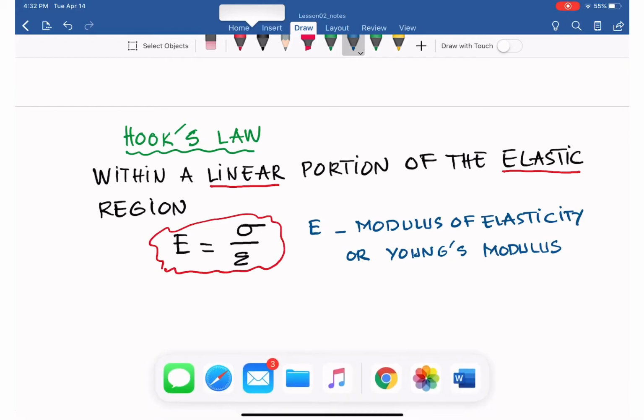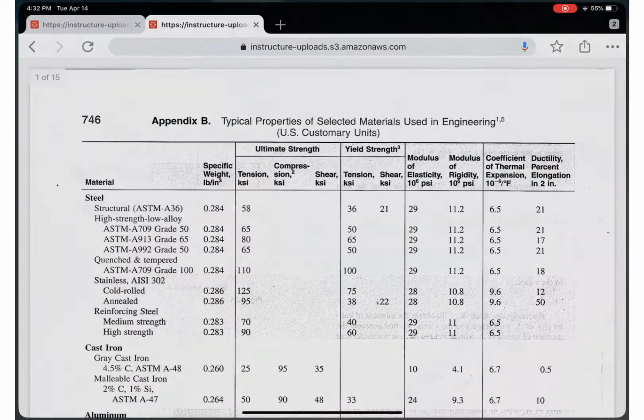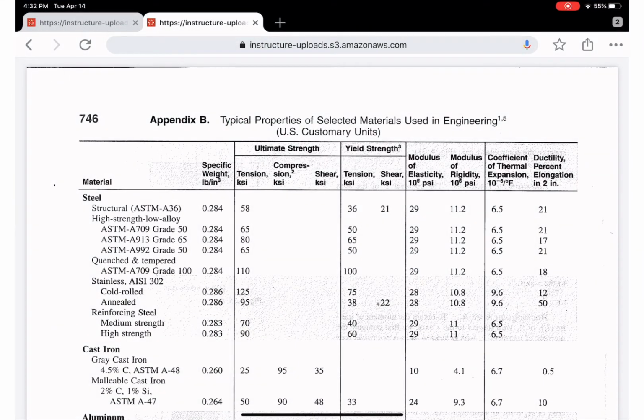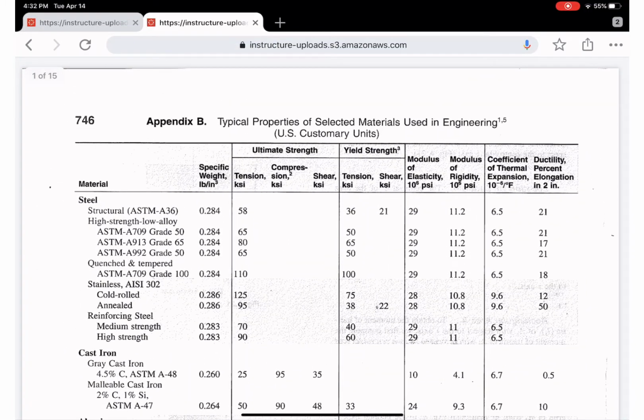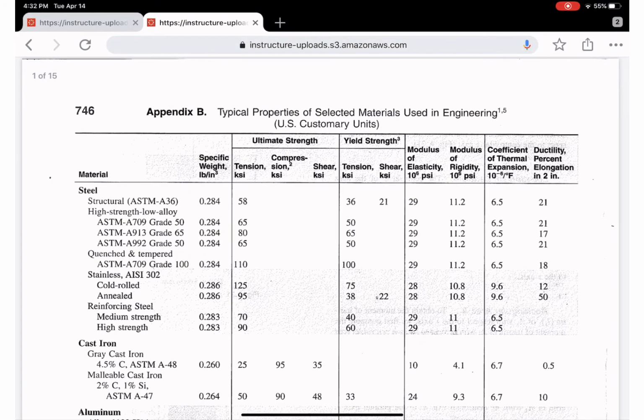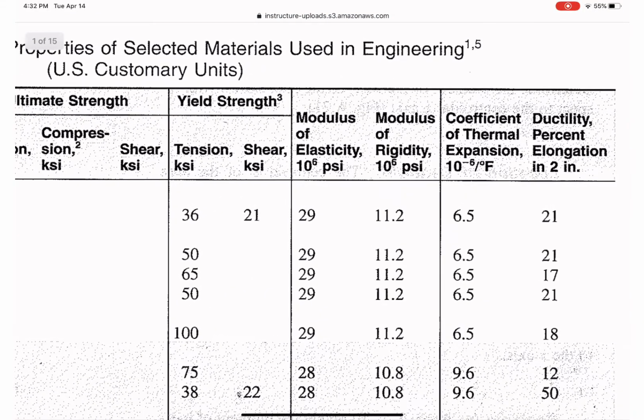Let me give an example. If you go to the material properties in the back pages of your textbook, appendix B, you can find steel and different types of steel, and you have the modulus of elasticity.